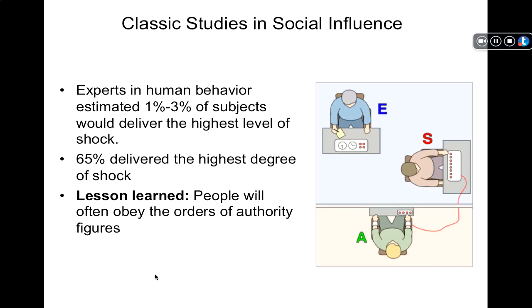But the question becomes for us, as social psychologists and psychologists in general, what are the conditions that support this sort of thing? And in particular, what are the conditions that support destructive obedience, destructive conformity, and destructive compliance? Because maybe that's the kind of conformity, compliance, and obedience that we should be primarily concerned with.